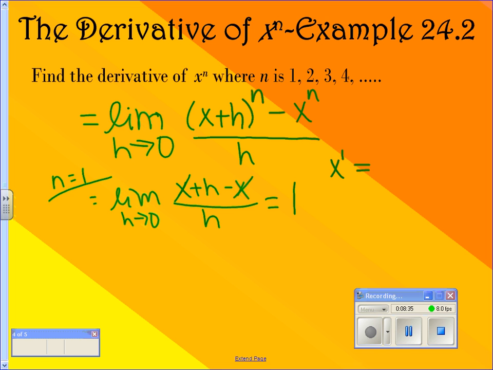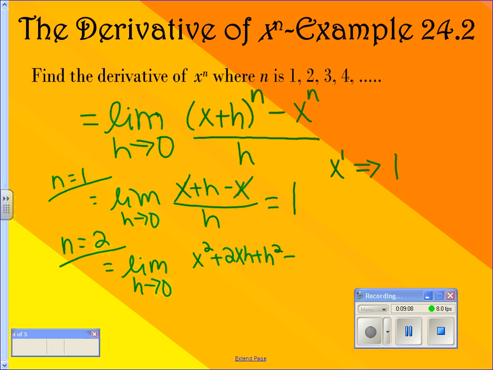So x to the 1, what did you get for the derivative? Okay. For n equals 2, we would say the limit as h goes to 0. What would be our numerator? It'd be x plus h squared. So x squared plus 2xh plus h squared minus x squared, right?